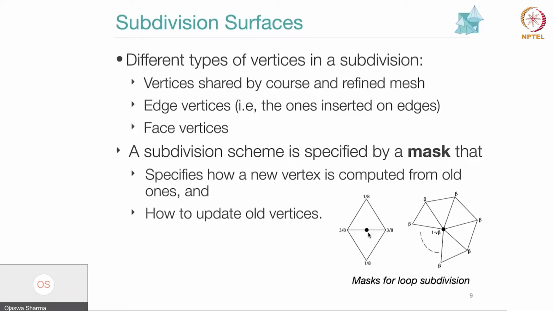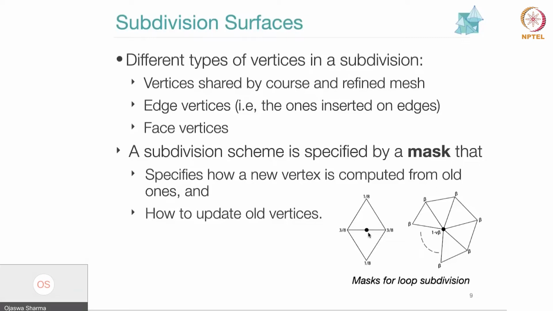The approximating schemes will change the overall surface. So not only are new vertices created, the old ones are also modified. The interpolating schemes will not update the old vertices. So the second type of mask will not be present for the interpolating subdivision schemes.